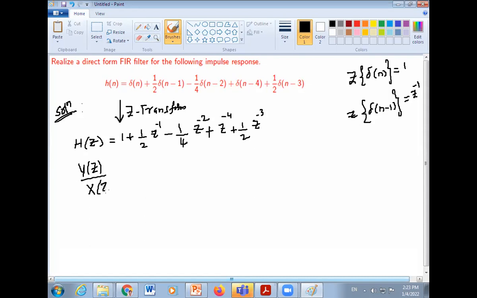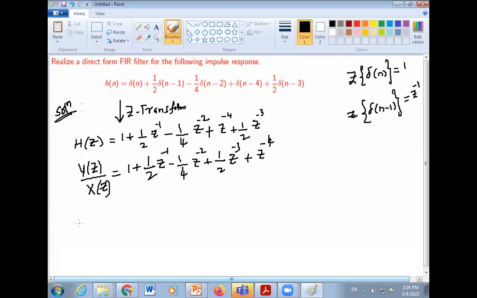It is output by input, which is equal to 1 plus 1 by 2 z inverse minus 1 by 4 z power minus 2 plus 1 by 2 z power minus 3 plus z power minus 4.